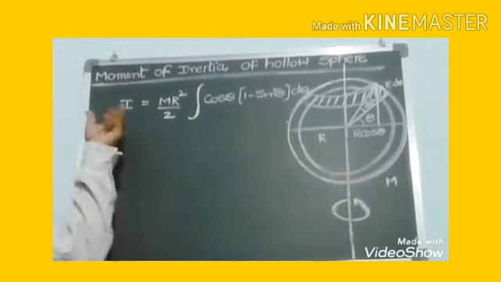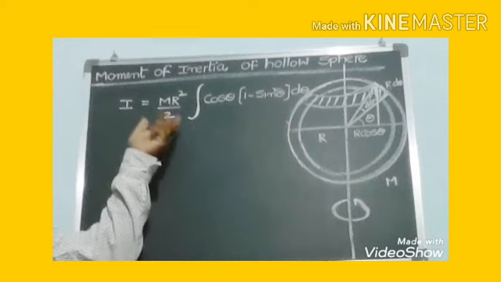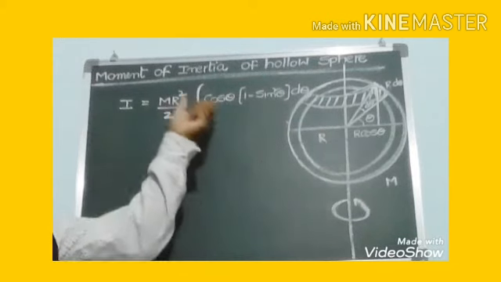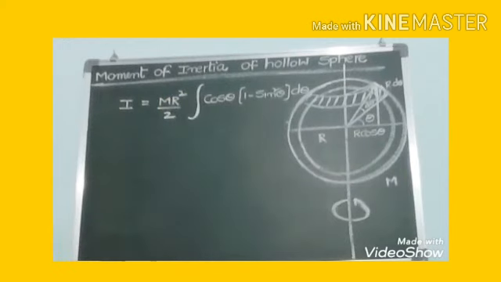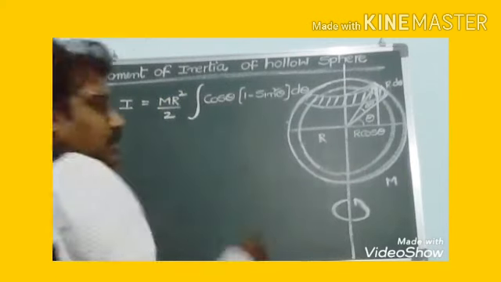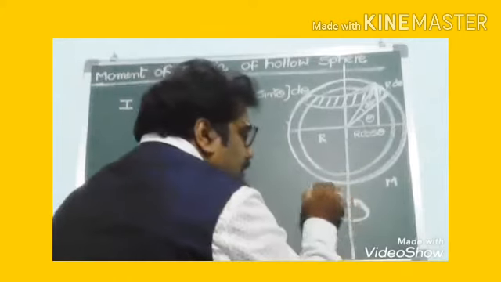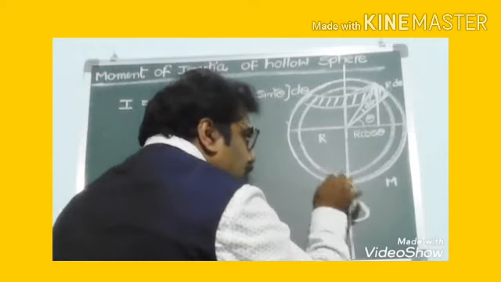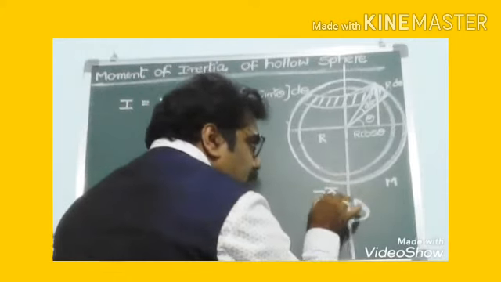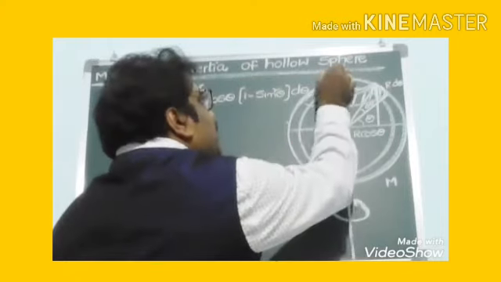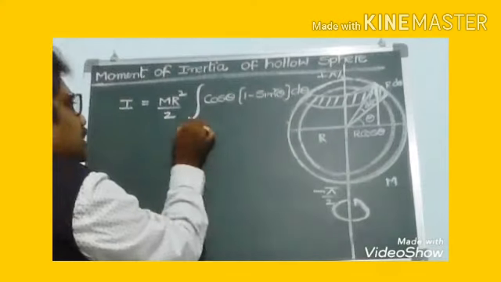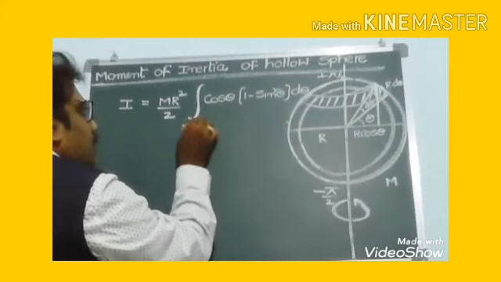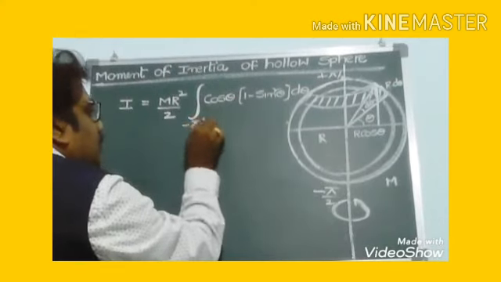Now here the range is: the sphere can rotate about the axis from minus pi by 2 to plus pi by 2. So the range is minus pi by 2 to plus pi by 2.